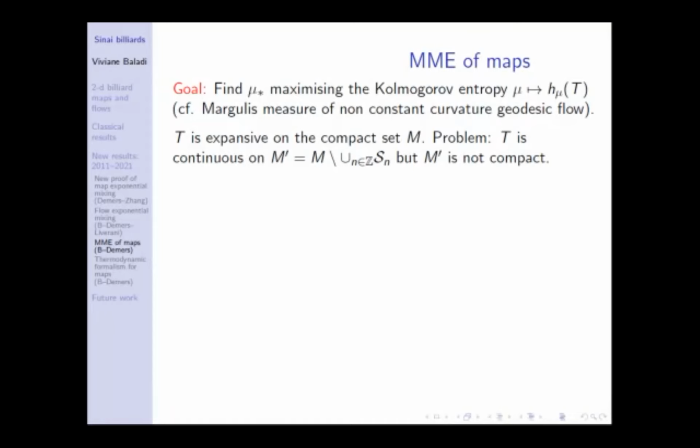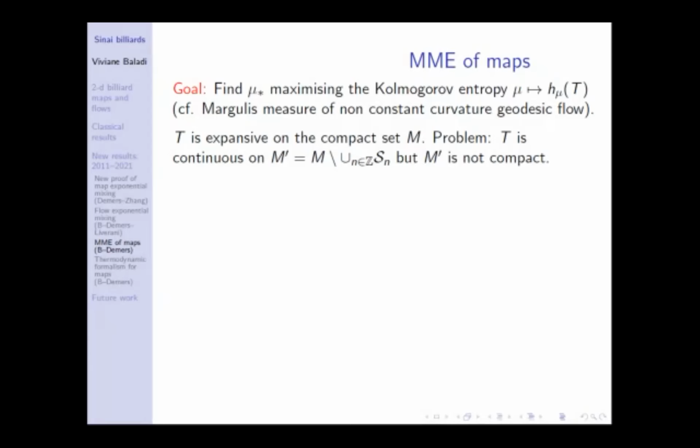And you would like to know if this Kolmogorov entropy has a maximum. So if the sup is realized, you would like to know if it's realized, and if it's realized, if there is a unique measure of maximum entropy, or how many there are. And of course, once you have a measure of maximum entropy, you would like to know if it's mixing, and ask all the usual questions that people in dynamics like to ask.